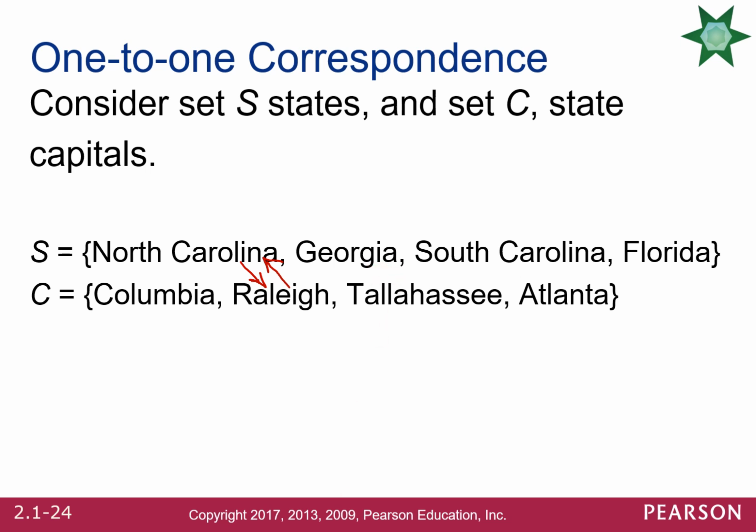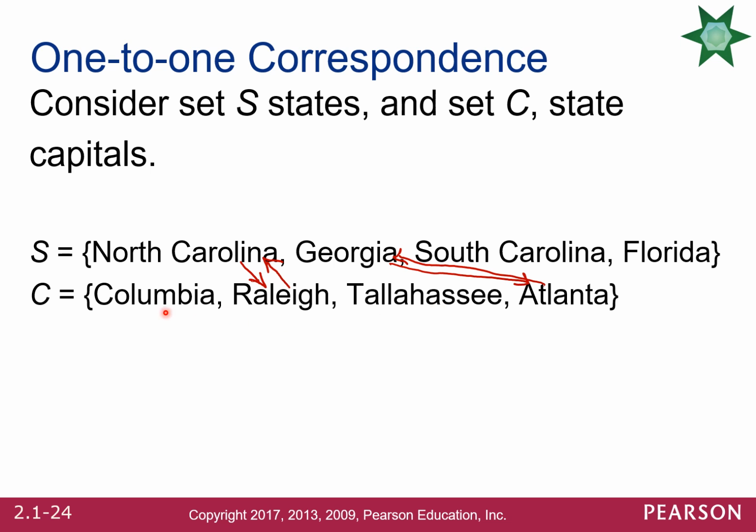All right, so Georgia maps to Atlanta, and Atlanta maps to Georgia. Likewise, South Carolina and Columbia map with each other. They are related. Columbia is the capital of South Carolina, and South Carolina's capital is Columbia. And then Florida and Tallahassee, and Tallahassee and Florida.